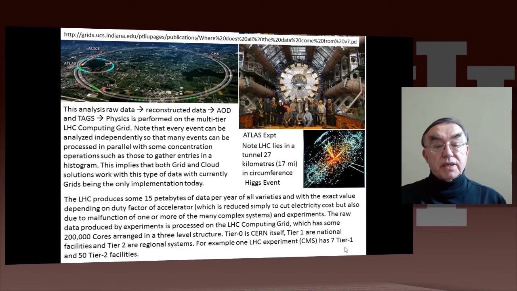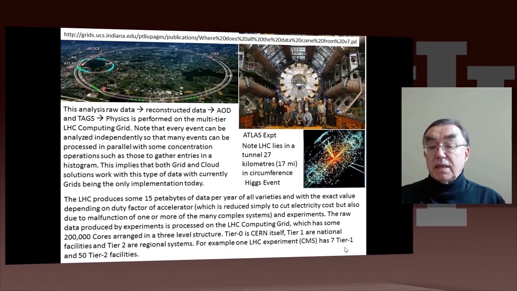We already saw an example of that, which we'll repeat. And this is all done on this Large Hadron Collider computing grid, which we noted below has around 200,000 cores, and is arranged across the world with multiple national centers, a giant center at CERN, and several institutions have their own component cluster devoted to LHC analysis.